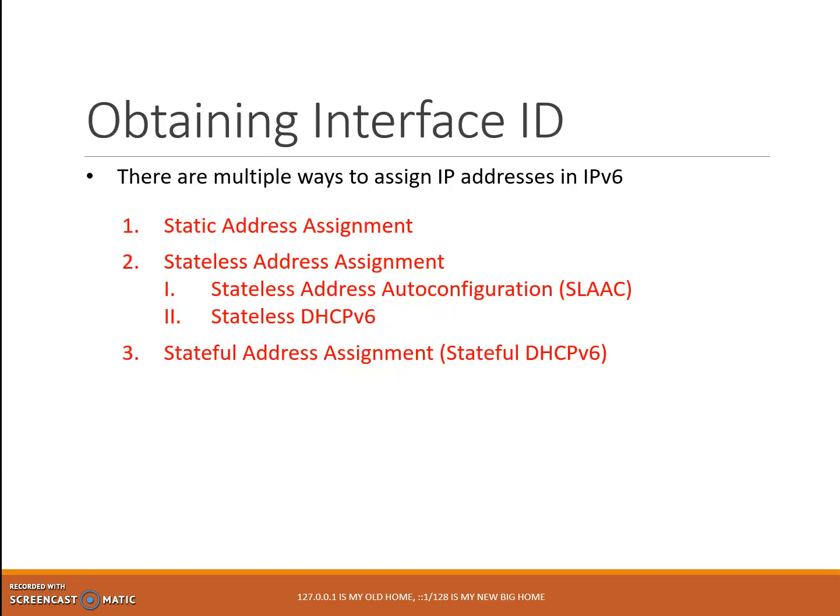Stateful DHCPv6 means that the DHCP server is responsible for assigning the IP address to the clients, and it keeps a record of all clients and the IPv6 addresses that have been assigned to them. That's why we call it stateful. It keeps information about the client, while stateless does not.